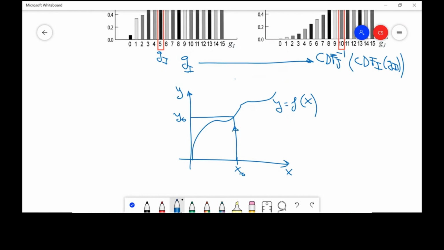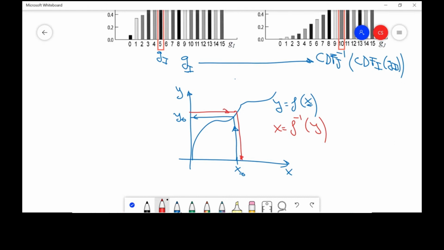First you start with x, and then you calculate which is the y that corresponds to that x. But I could construct the inverse of that transformation. So I could compute x as a function of y. Then, given one y, I can compute the corresponding x value.